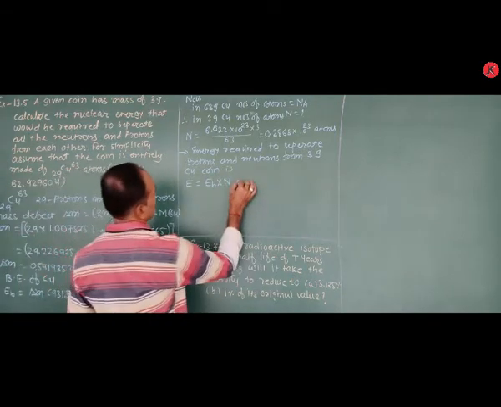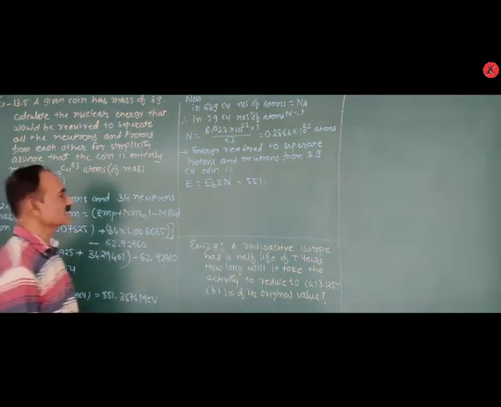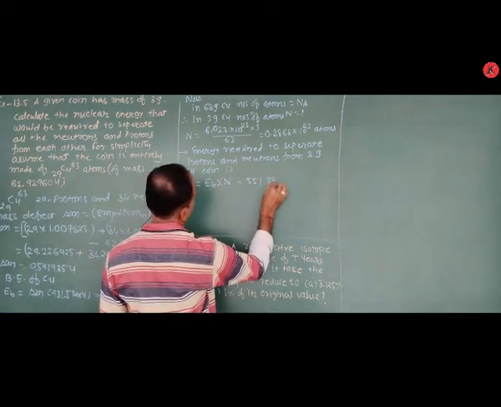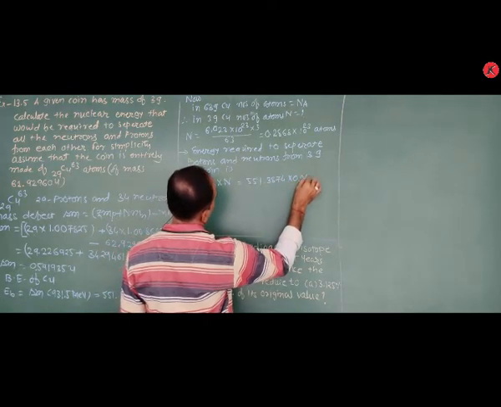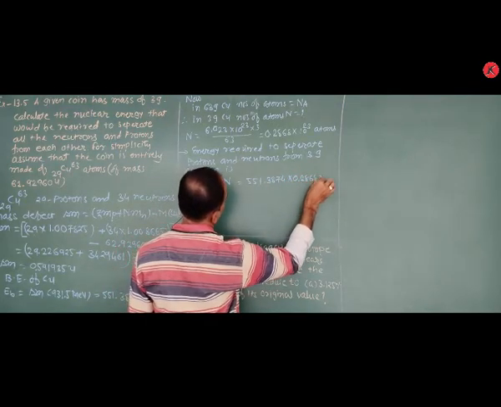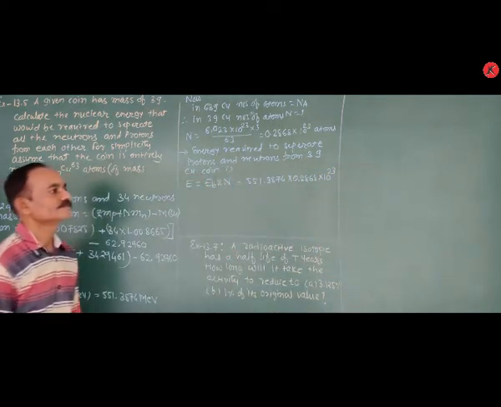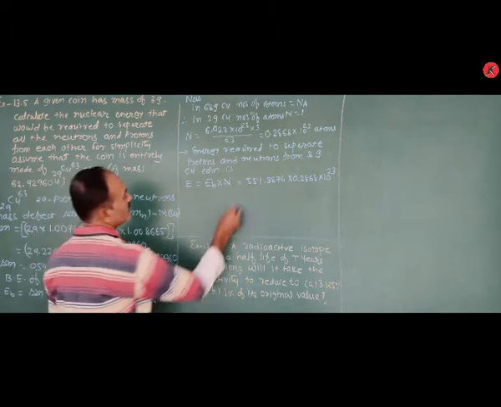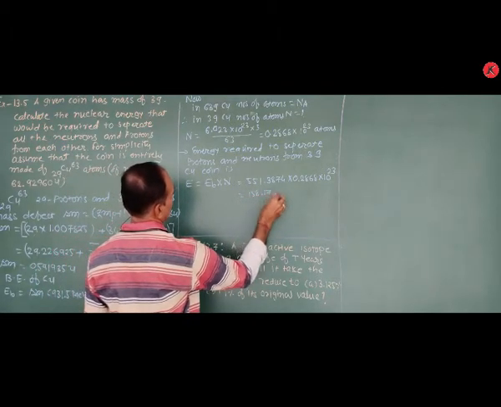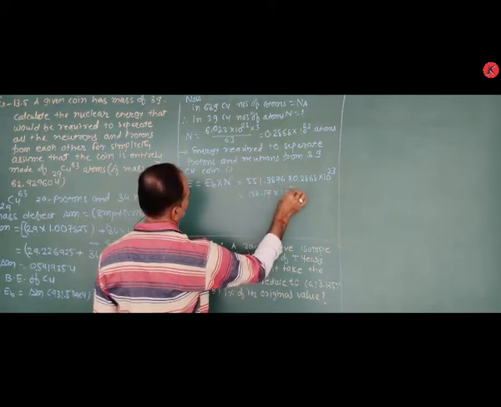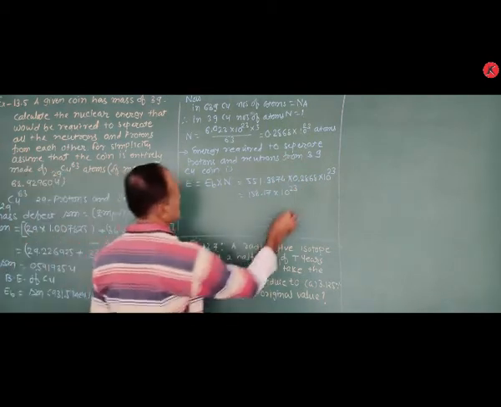The binding energy is 551.3874, multiplied with 0.2868 into 10 to the power 23. So we obtain 158.17 into 10 to the power 23. That much MeV energy is required.